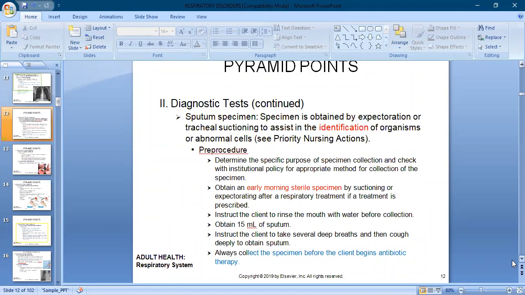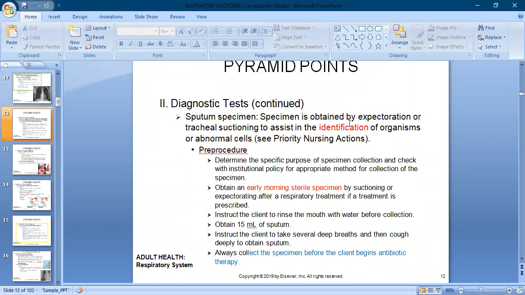Also, it indicates if acid-fast bacilli (AFB) are positive, the patient may have TB, right? Another thing is that sometimes there are so many infections, we have to collect the sputum. So how do we collect the sputum?